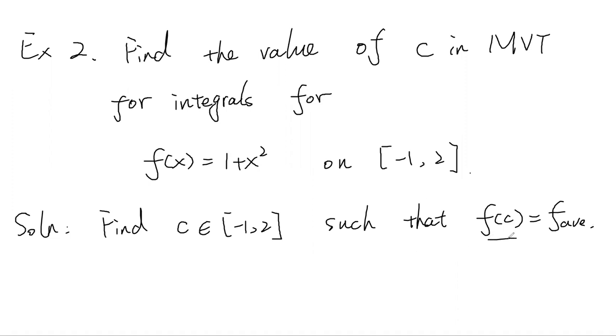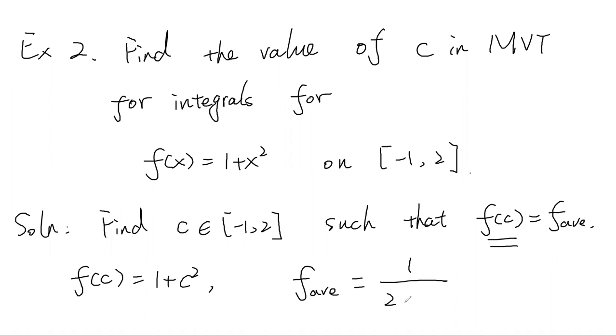So f of c is straightforward because we know what f of x is. f of c is simply 1 plus c squared. And f average, by the definition of the average value, is 1 over 2 minus -1 times the integral from -1 to 2 of f of x, which is 1 plus x squared dx.